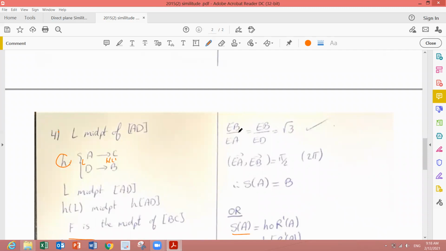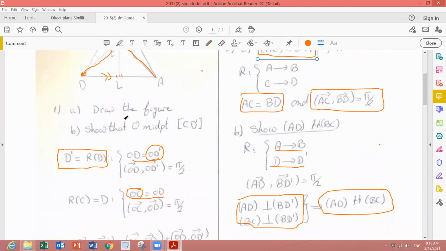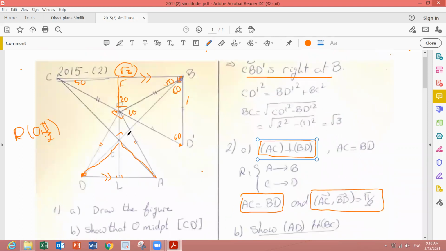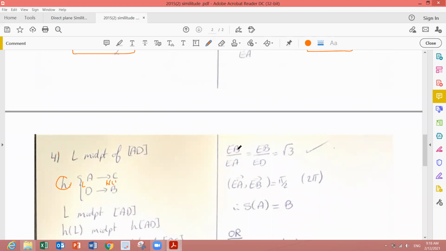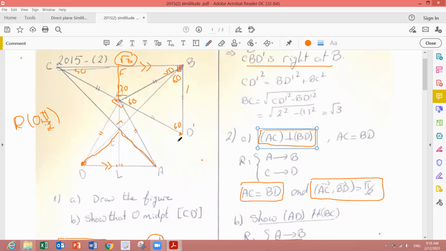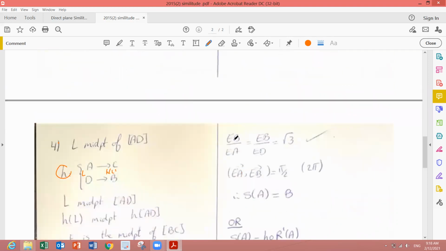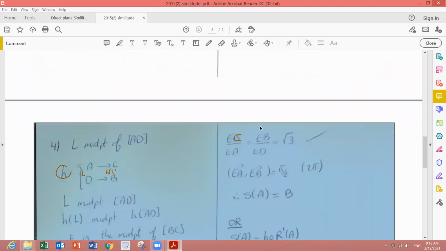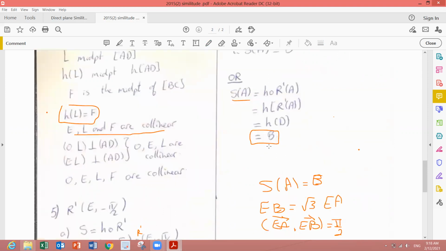EB over EA equals EB over ED equals EC over EA, so EC over EA equals EB over ED equals radical 3.